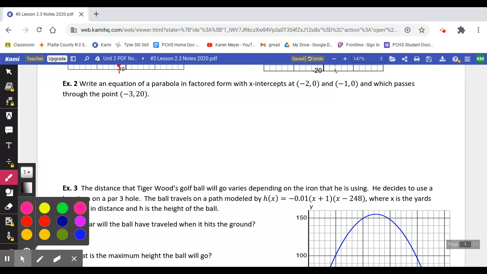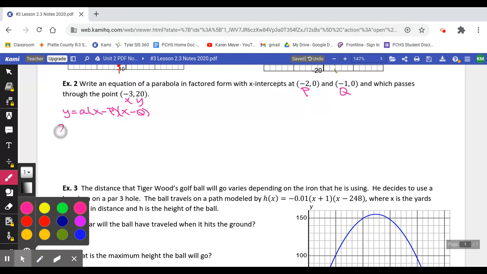So if I give you the x-intercepts, then this is P, this is Q, and the random point that it goes through is X and Y. So just like in our first lesson, you are going to be plugging in for everything except for the letter A. You must always solve for A first. So here's my form again. Y equals A, parentheses, X minus P, close my parentheses, X minus Q.